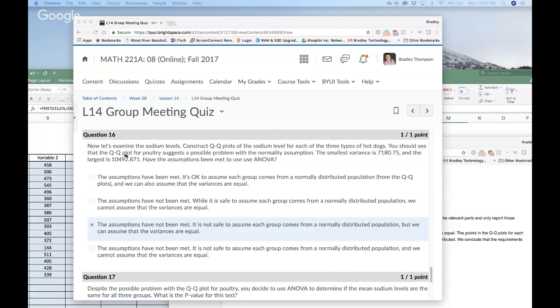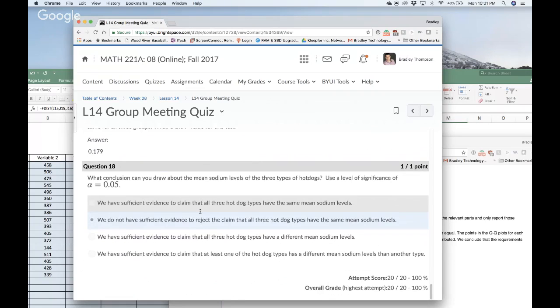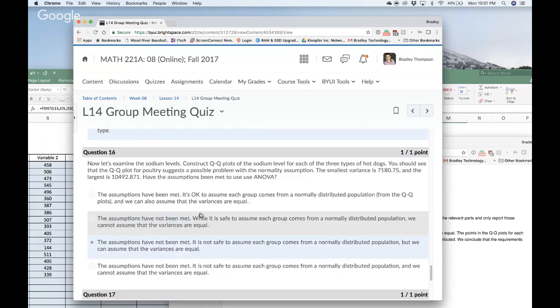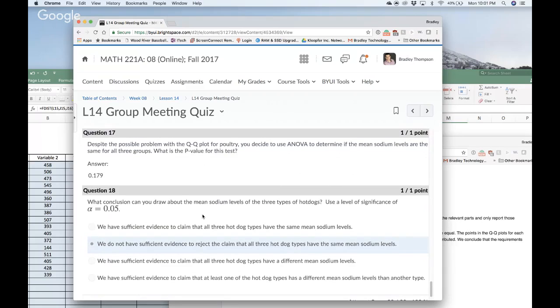It's saying that the poultry shows a bad QQ plot, so they're not normal, but the largest variance isn't 4 times the smallest, so they're equal. Am I understanding that right? Yes, that makes sense. Because if you take the difference, it's not 4 times bigger.